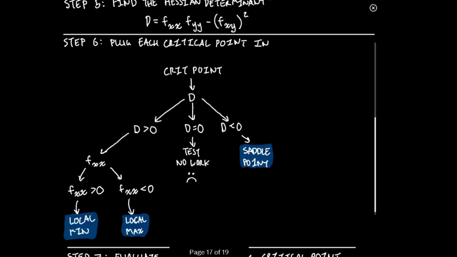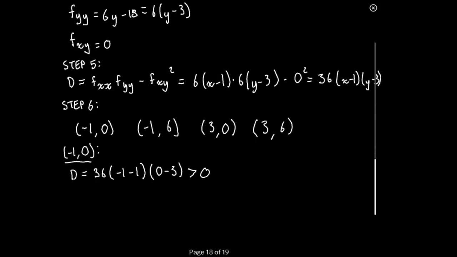Okay, let's go back to our chart. What does it say about greater than 0? Well, it says that we need to go do another test. We need to figure out if the second partial derivative with respect to x is greater than 0 or less than 0. And based on that, we'll know if it's a local minimum or a local maximum. So let's do that. Okay, so fxx is equal to, well, we already figured out what that was.